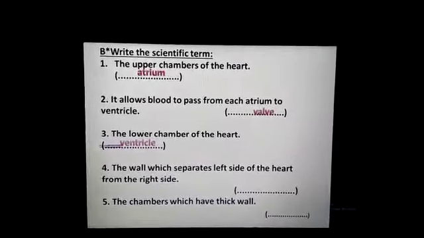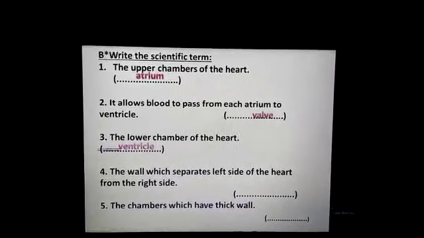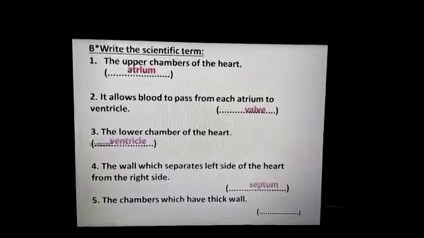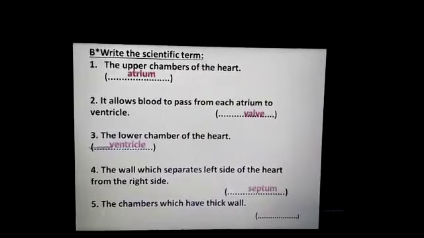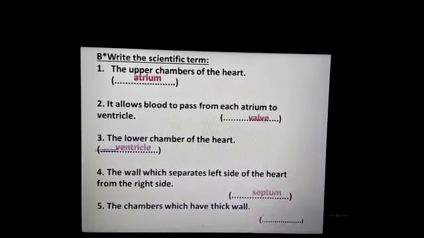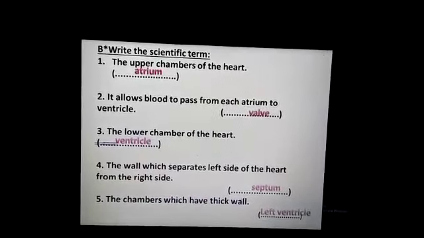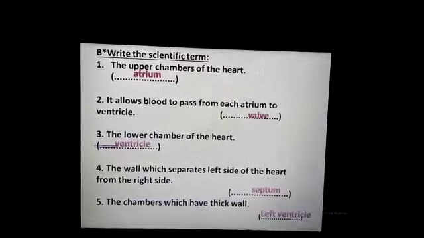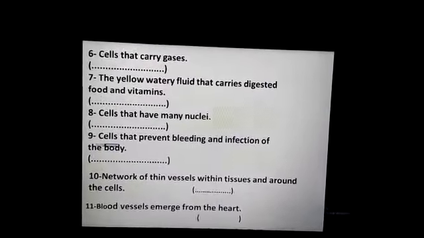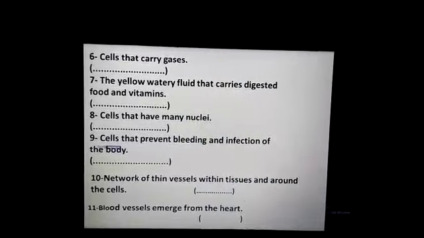Number four, the wall which separates the left side of the heart from the right side: septum. Number five, the chamber which has a thick wall. Which chamber in the heart has a thick wall? Left ventricle. The left ventricle has a thick wall because it pumps blood to all body cells.